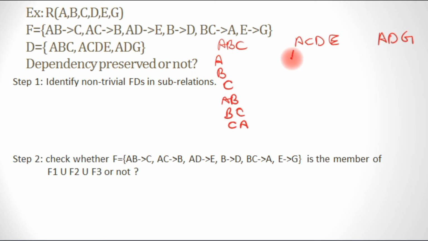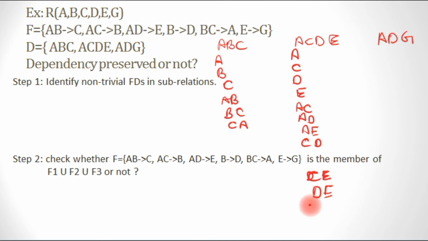So there are so many functional dependencies that can be present in here: CD, then CE and DE.